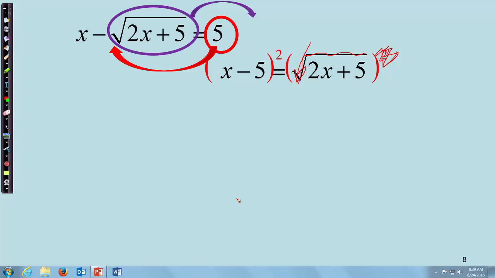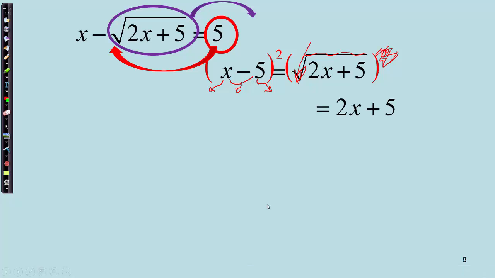Now remember, when you square the x minus 5, just like we were just looking at, you square the x, you square the 5, you multiply and double. You get 3 terms that you come out with. So do the proper operations. So this is what we would have when we did the square of both sides.